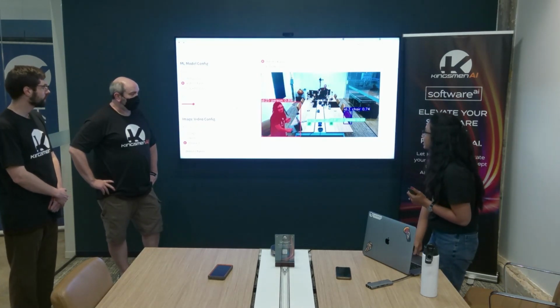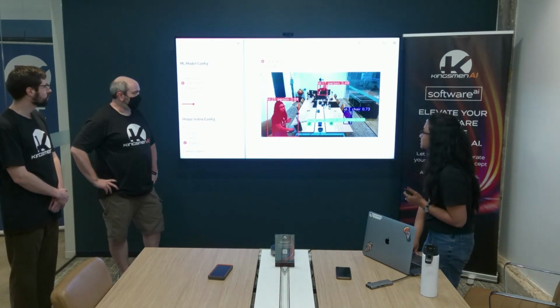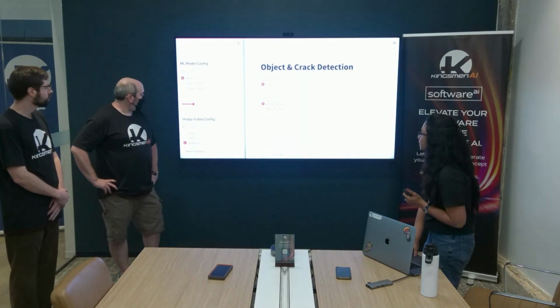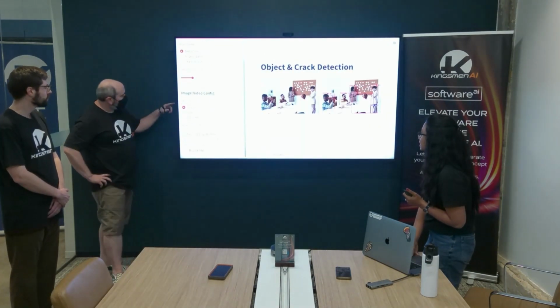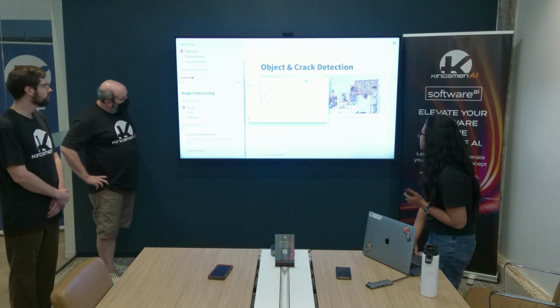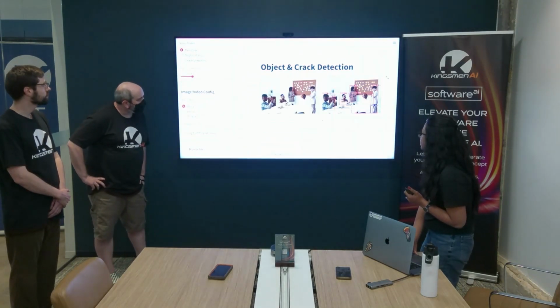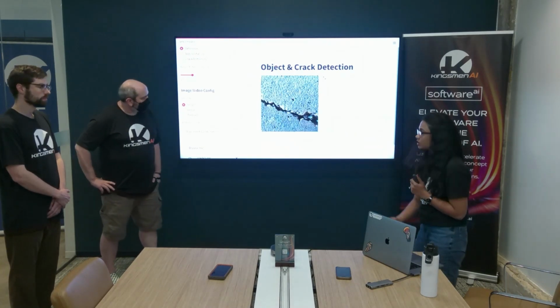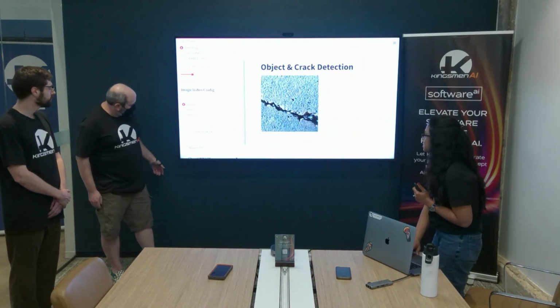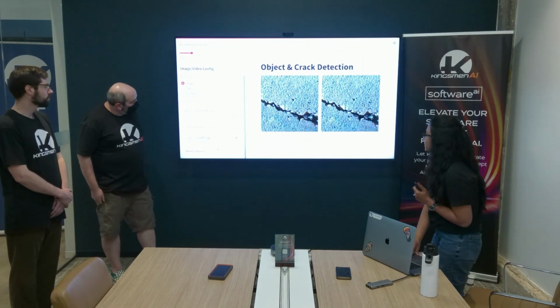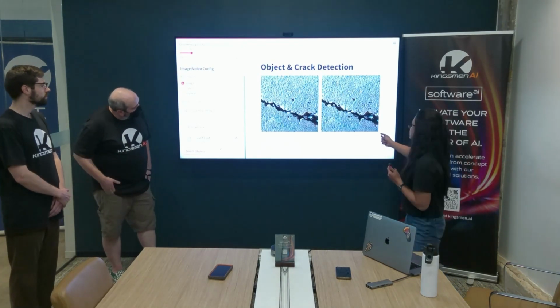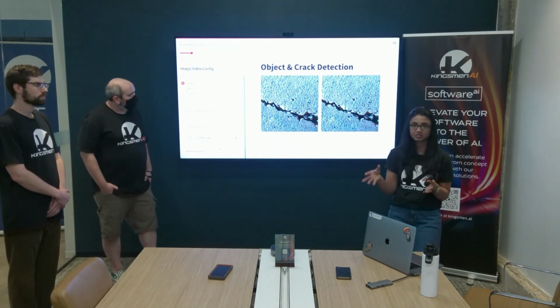For instance, if I go back to object detection, go back to image, and try uploading an image, this is an image of a crack on a concrete wall. If I try object detection on this image, I'm clicking on detect object, you can see it's not able to detect because it's not trained to do so.